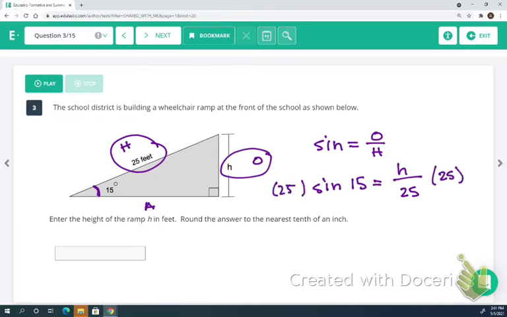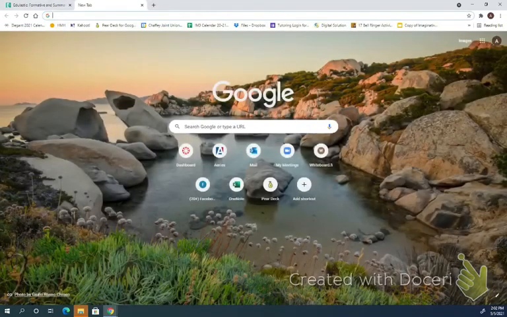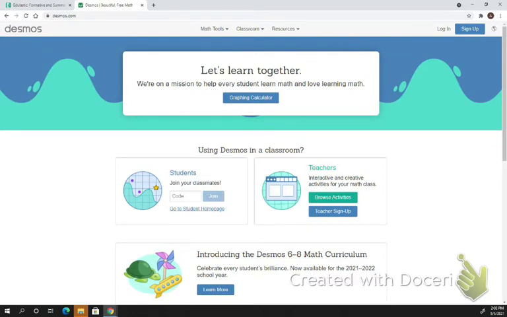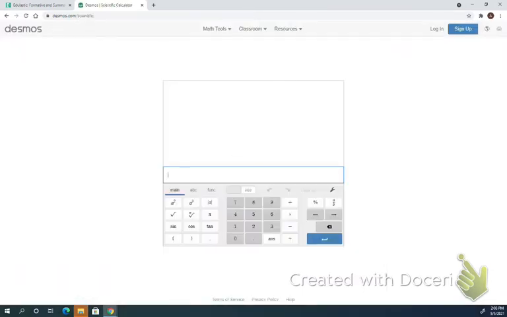The 25 cancels out, and so here h is equal to 25 times the sine of 15. Now I can go ahead and close this one off. I'm going to go into Desmos and I can plug that in. Here I want to use a scientific calculator.